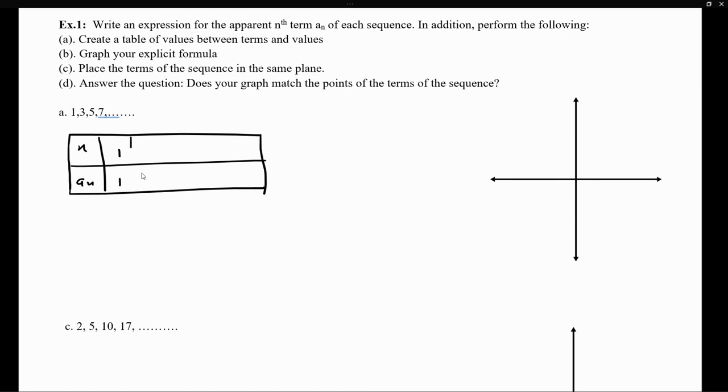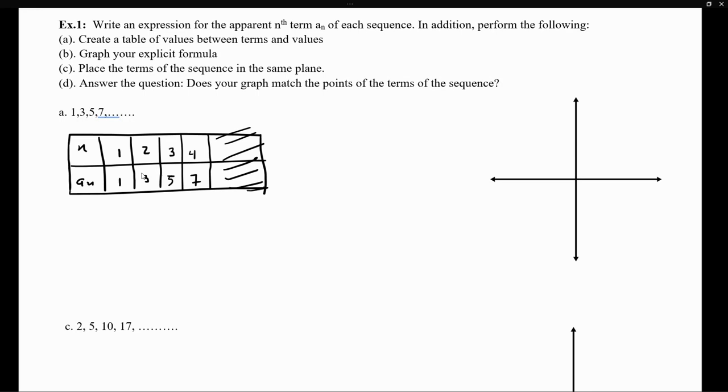So I can define this as 1, 1. When n is 2, I'm looking at the second term, and the value of the second term is 3. When n is 3, I'm looking at the third term, and the value of the third term is 5. When n is 4, I'm looking at the fourth term, and the value of the fourth term is 7. I guess we don't need all this, because this should be enough.